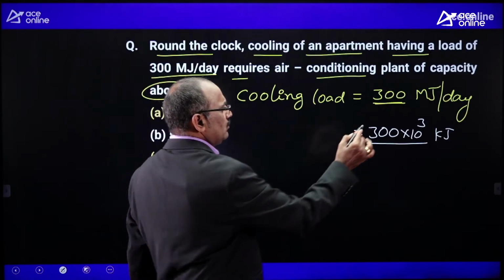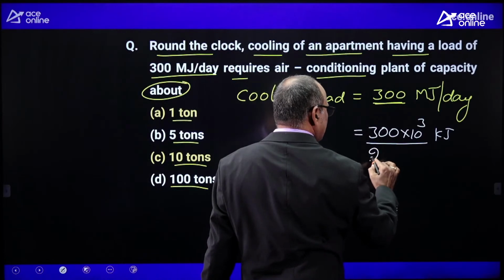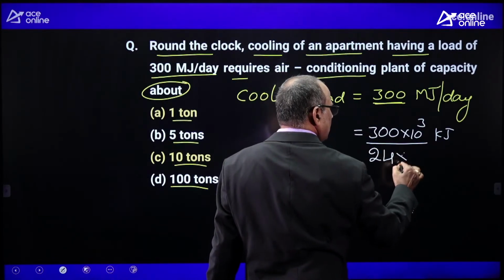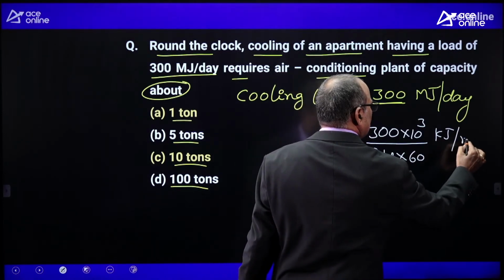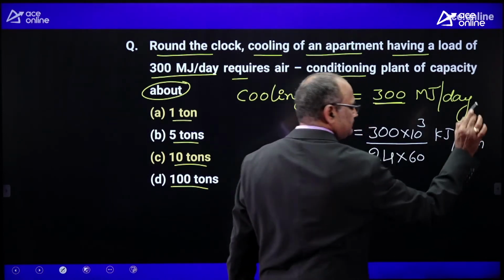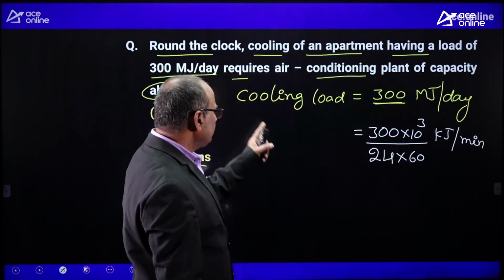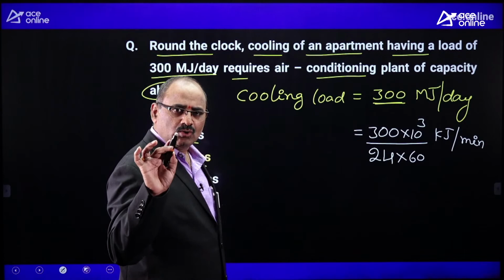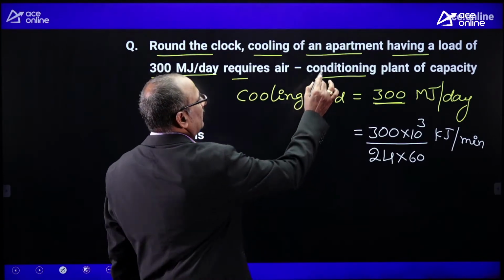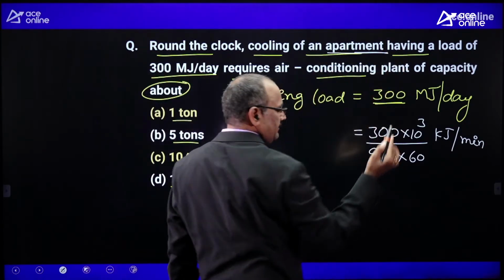Okay. As you know, the number of hours per day is 24 and 1 hour equal to 60 minutes. It gives the value in kilojoules per minute. That is the cooling load required for that particular apartment.